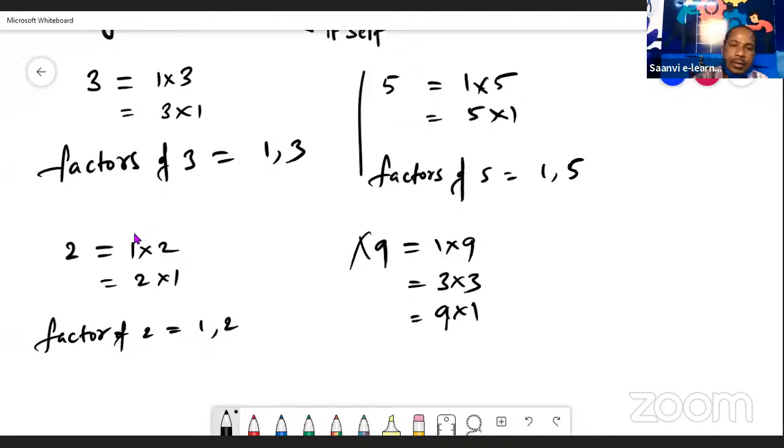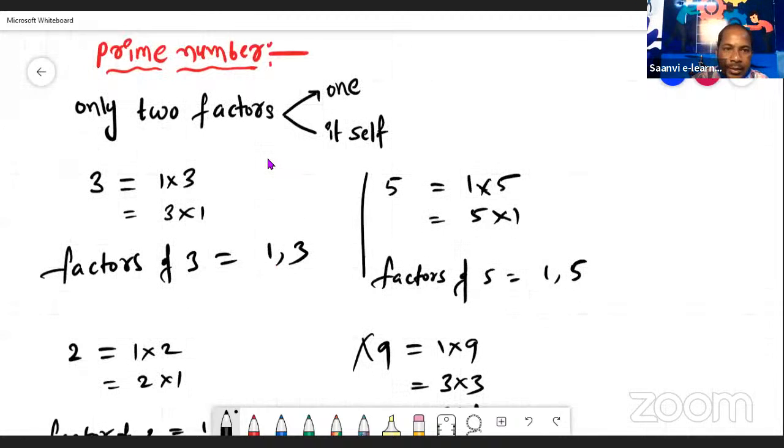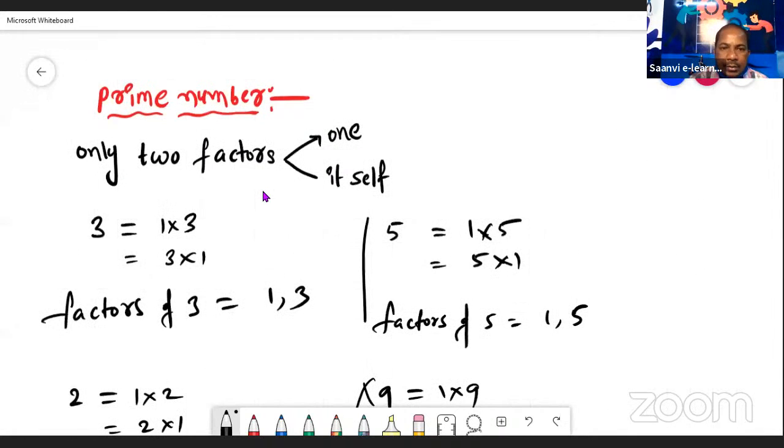Why? Because according to the definition of prime number, a number should have only two factors, and the two factors are 1 and itself. So the number 3 has only two factors, 1 and itself, so 3 is a prime number.